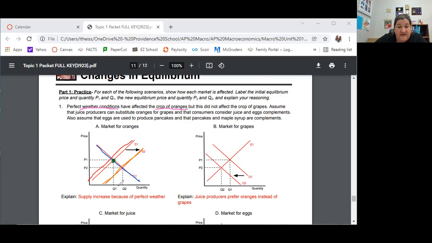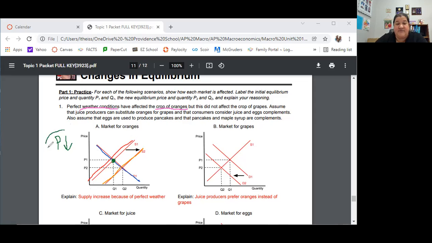Here's P1, here's quantity 1. When the supply curve shifted to the right to show an increase, what happens? Price dropped for oranges. So a supply increase because of the perfect weather is how we're going to explain this shift.